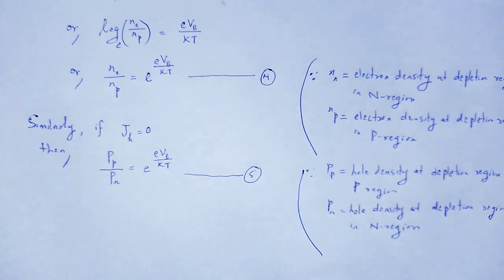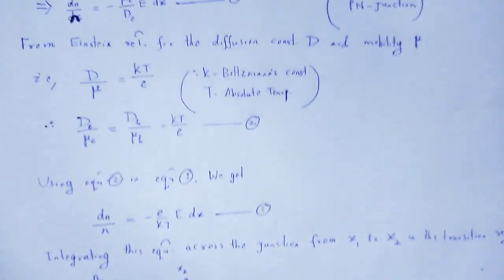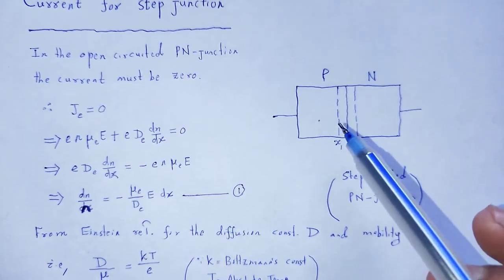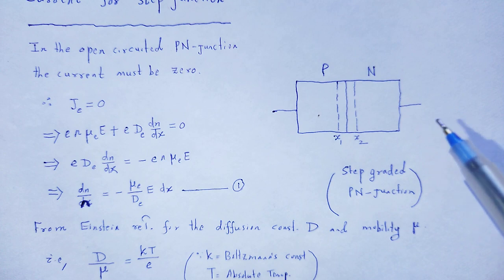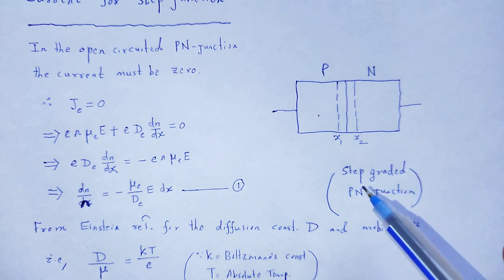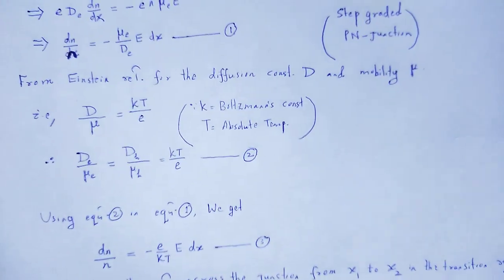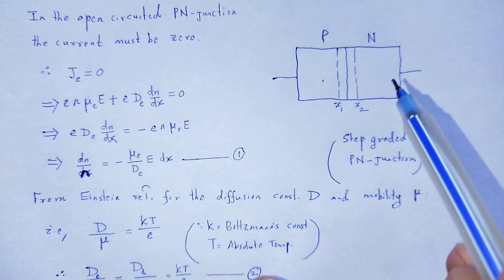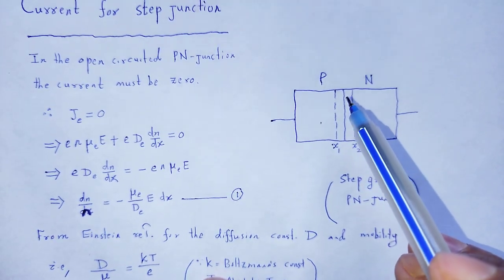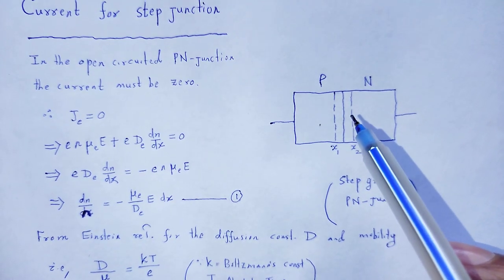These two equations we get when we treat an open-circuited PN junction, a step-graded PN junction. In that situation there will be no such flow of current.